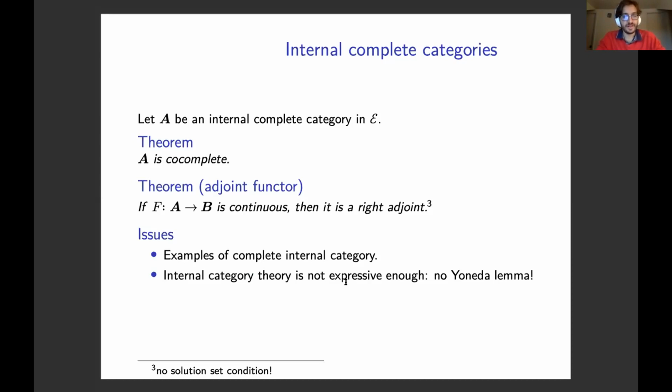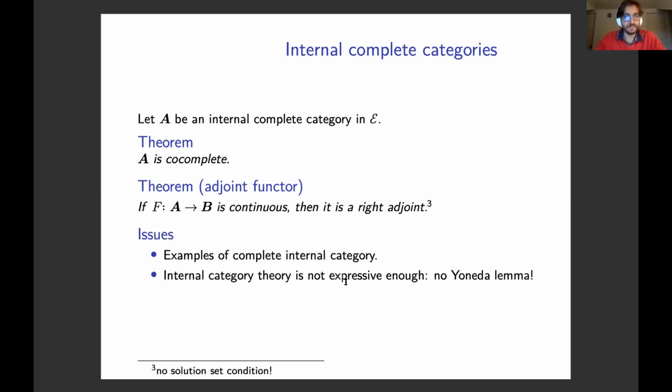So far, this setting looks very promising, but there are a couple of outstanding issues. The first is that, first of all, we want examples of such complete internal categories, because of course we have the examples of the internal categories in the category of sets, that is small and complete categories, but we already saw that these categories can only be kind of degenerate, can only be partial preorders.